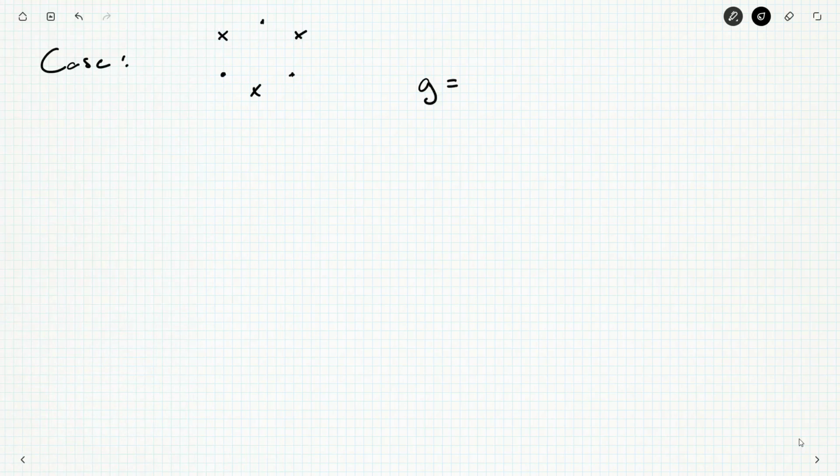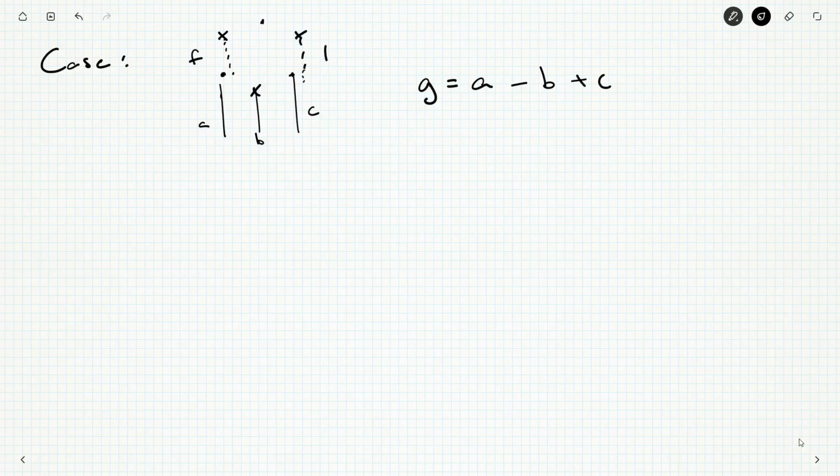So I know G is A minus B plus C. But I want it in terms of F, B, F, and D.